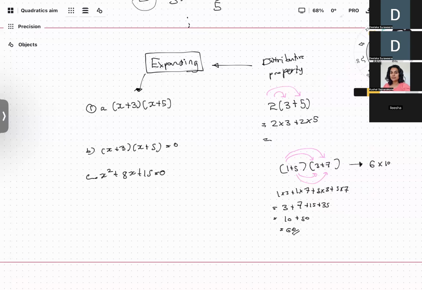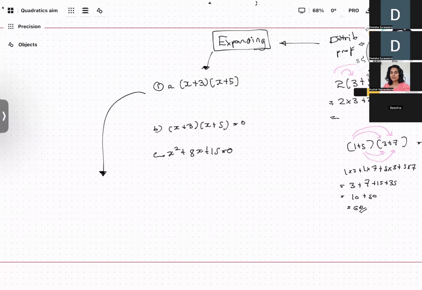Okay, so part A, the expansion. And actually, part B and C will justify why we care about this expansion in the first place. Or maybe the opposite of the expansion.